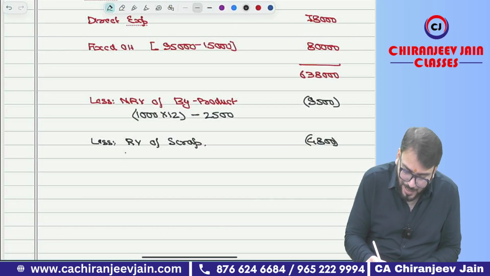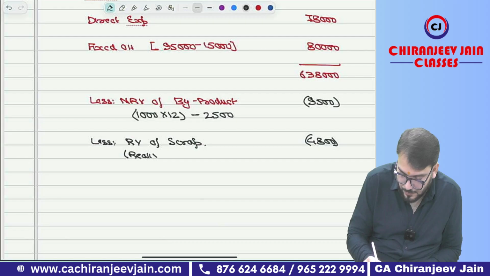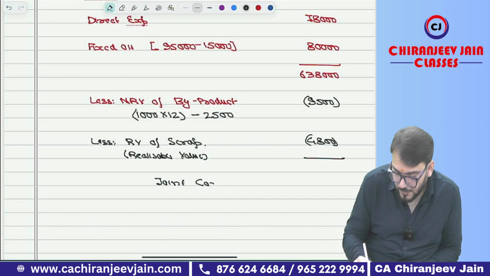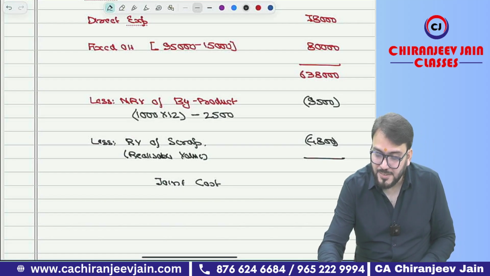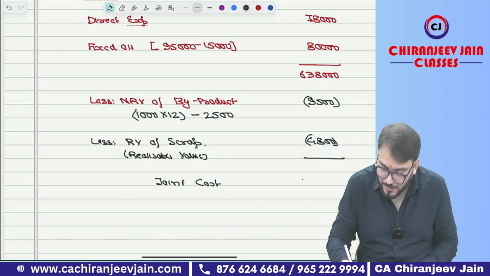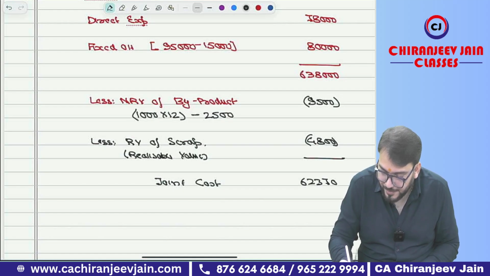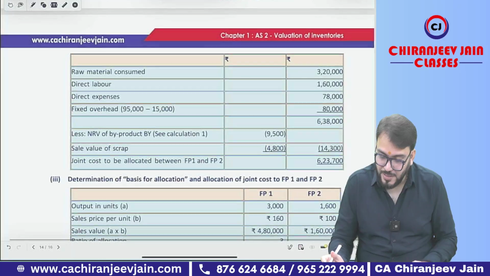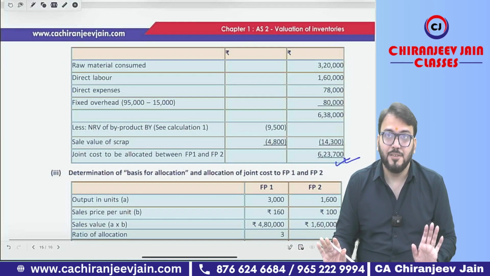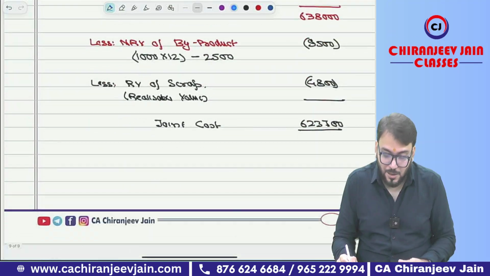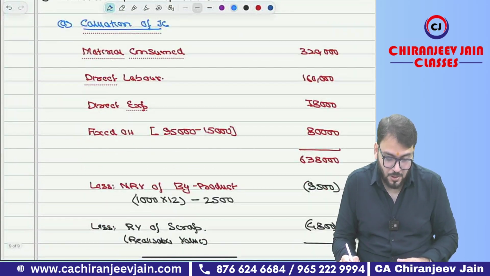The joint cost will be 6,38,000 minus 9,500 minus 4,800, which equals 6,23,700. You can see they have also calculated 6,23,700. Super easy. Now we'll find the basis of allocation.